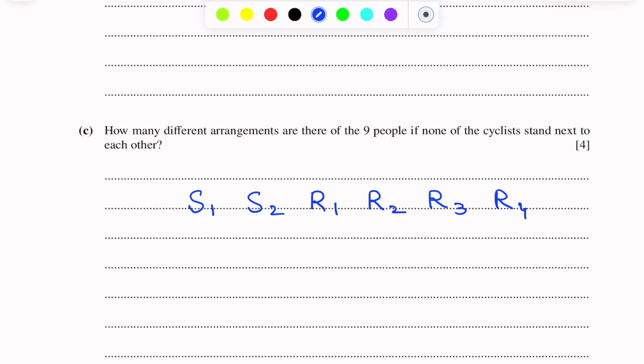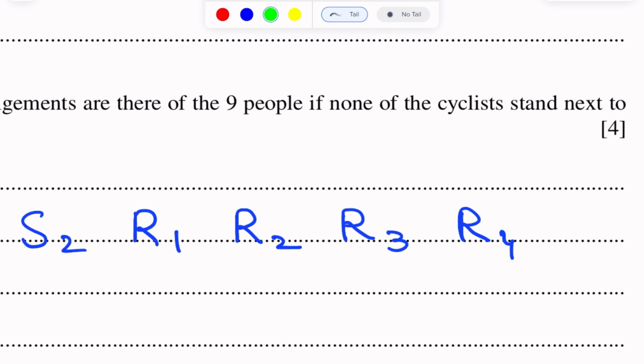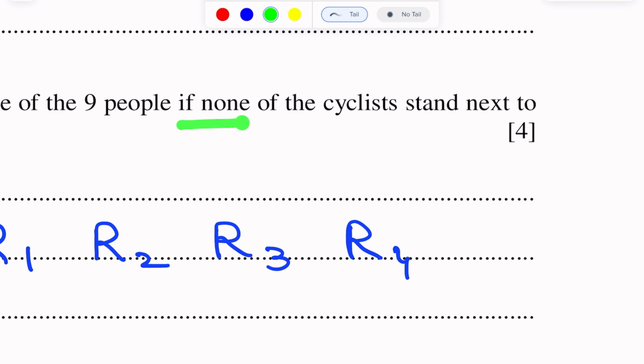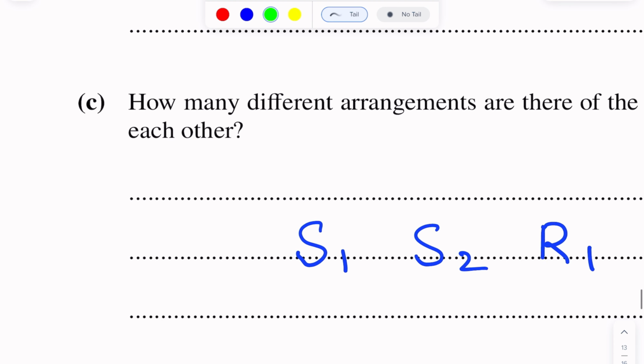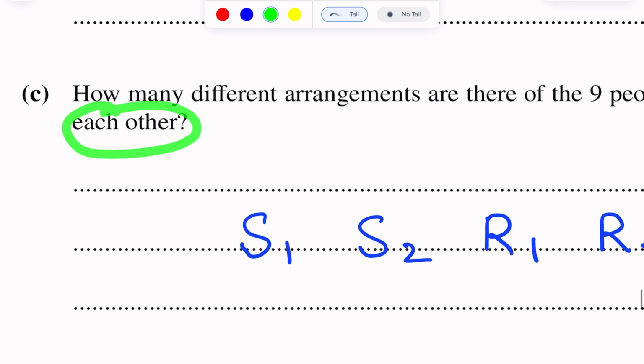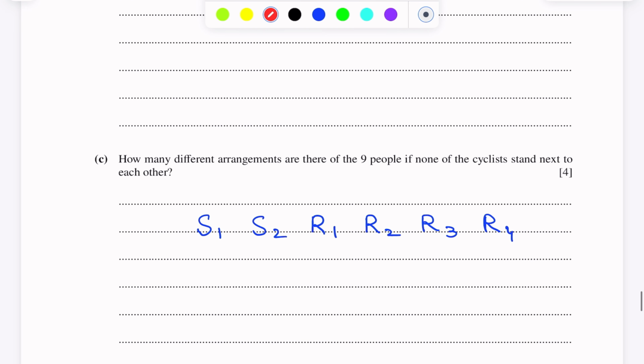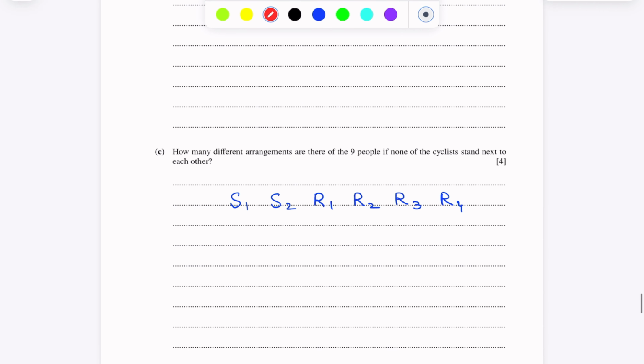Now we have to adjust these cyclists, because it is the restriction that none of the cyclists stand next to each other. So we can adjust the cyclists in these places. These are different places for cyclists, so they may stand not next to each other.